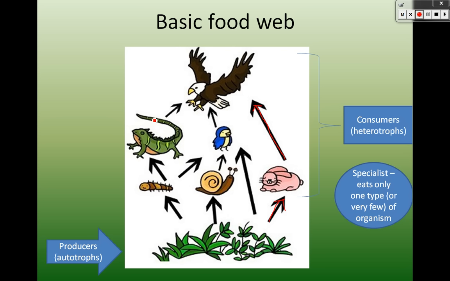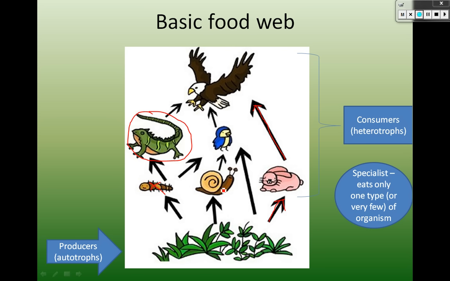If you said, for example, the lizard-like iguana, I don't know what it's supposed to be here, that would be a specialist because it only eats this caterpillar. You can see if anything were to happen to that caterpillar, that's going to be a pretty big deal for the iguana because it has evolved to eat this caterpillar or larva or whatever it is. Without that, that's going to be a big deal to the iguana.